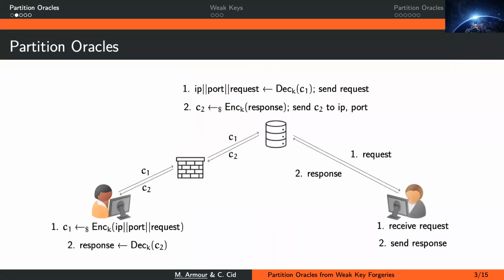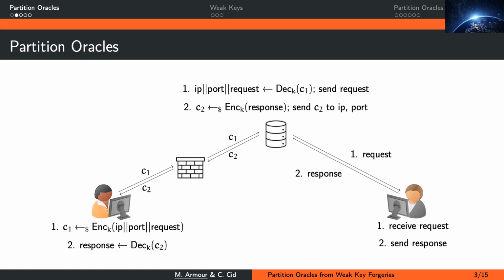Okay, so to begin, partition oracles, and I'm going to explain this via an example. Alice is communicating with Bob via a proxy server. To do that, Alice and the proxy server share a symmetric key.